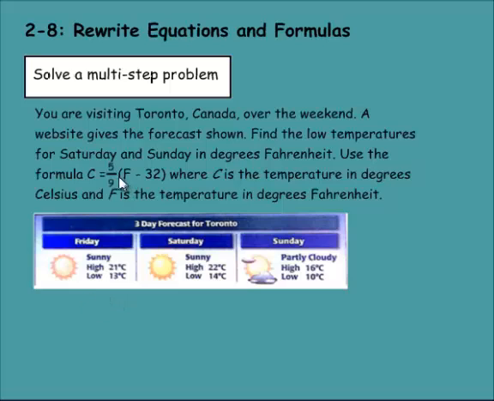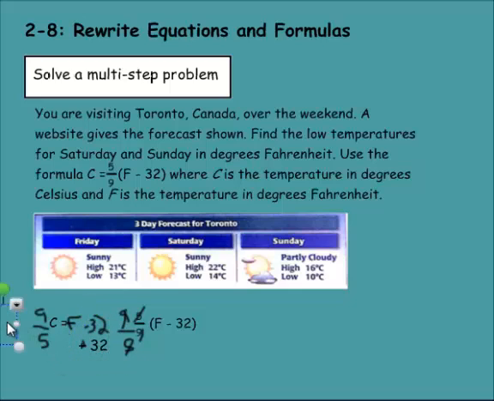So let's rewrite this equation. So here it is rewritten. I gave us a little bit of room to work with too. This one's pretty similar to the one before. See, I want to multiply times the reciprocal, 9/5. That would cross out. So 9/5 C then equals F minus 32. So if I want to get the F by itself, I would just add 32.